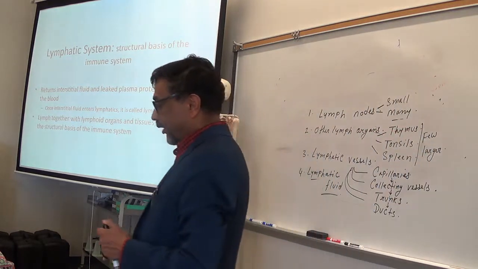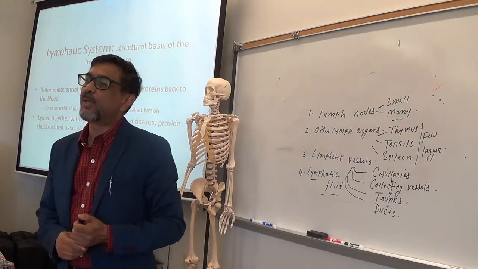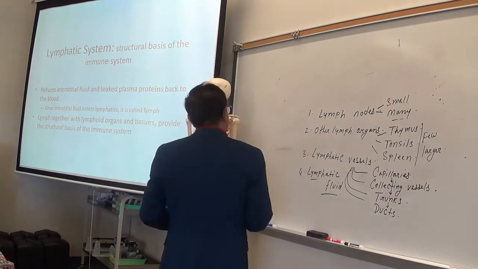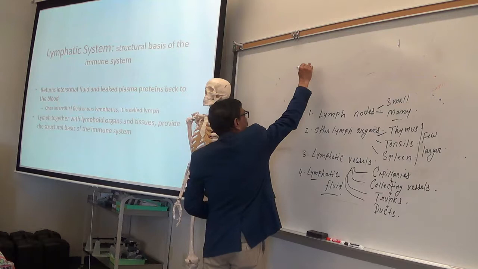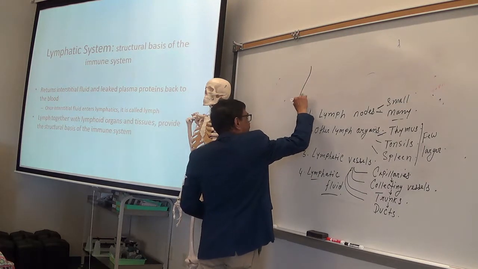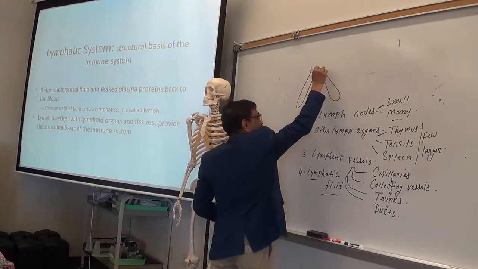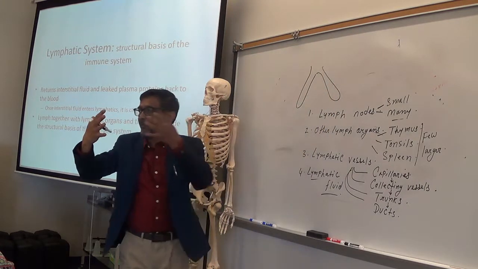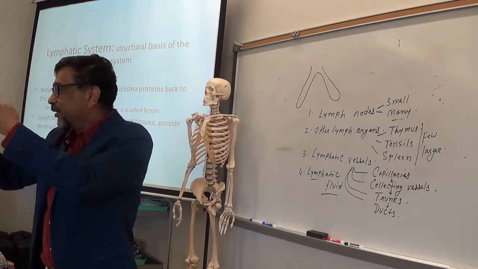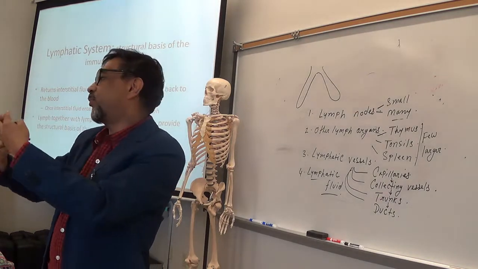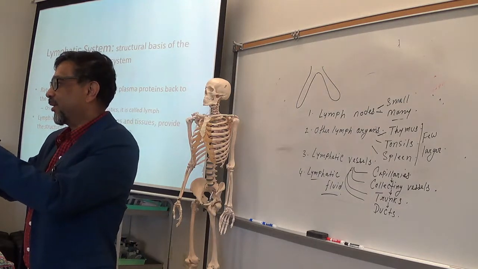Now, from where does that fluid enter into the lymphatic system? Lymphatic capillaries are actually not like blood capillaries. You remember blood capillaries form a capillary bed, remember that network? But lymphatic capillaries don't form a network.